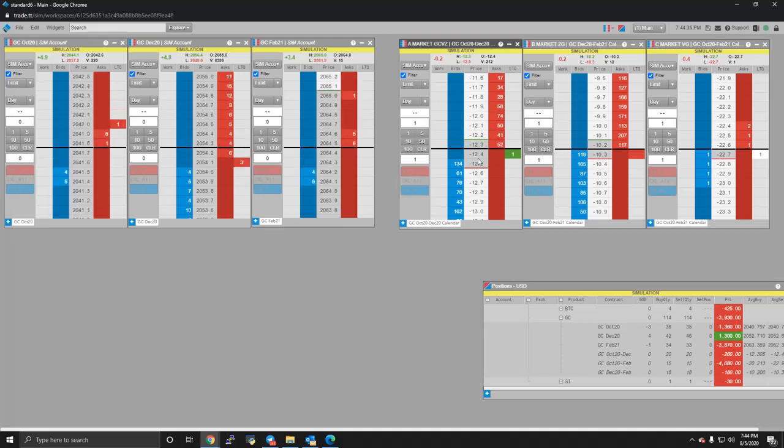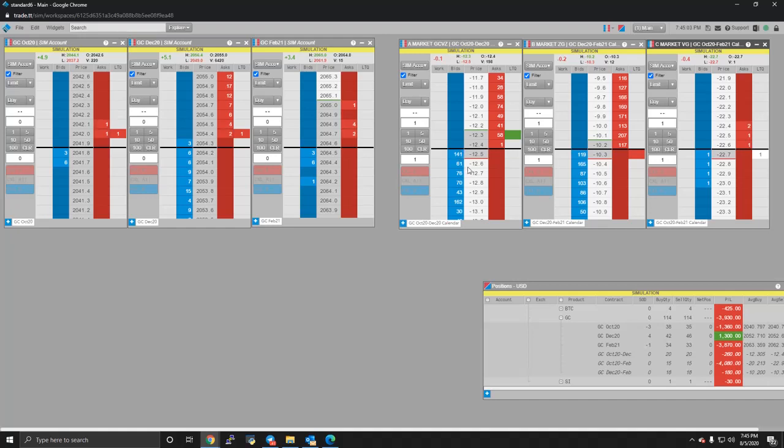If the A market plus the B market equals the C market, then the bid in the A market plus the bid in the B market should equal the best bid in the C market. If A plus B equals C, then the best offer in the A market and the best offer in the B market should equal the best offer in the C market, just because of the math that we have just run through.